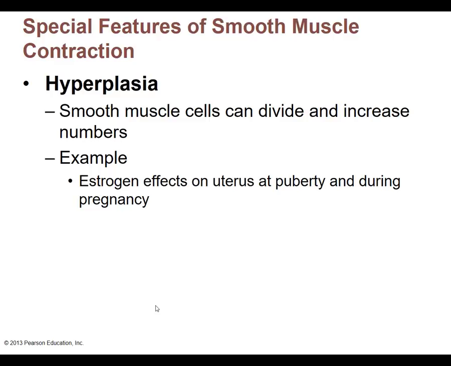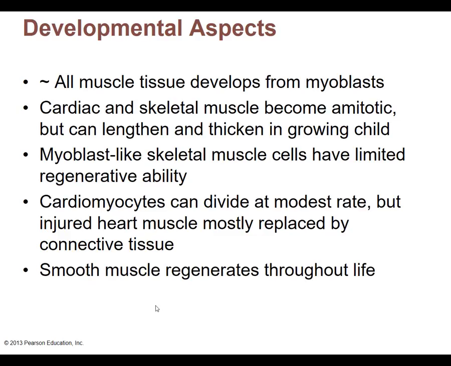Now, some developmental aspects. All muscle tissue develops from what are known as myoblasts. If you remember osteoblasts, blast means build, myo means muscle. These are building cells. Now, cardiac and skeletal muscle become amitotic after they're made, which means they do not undergo mitosis.